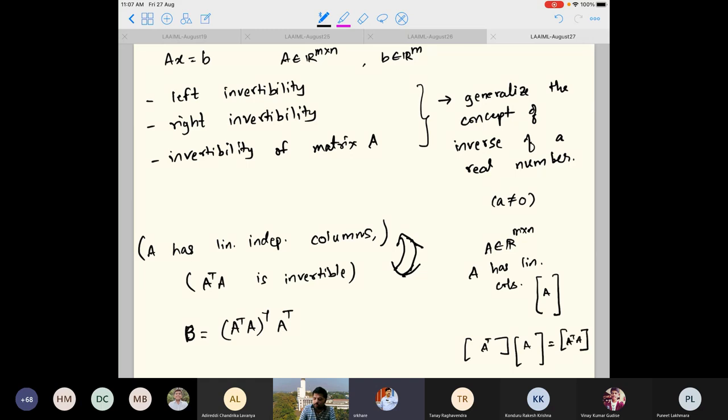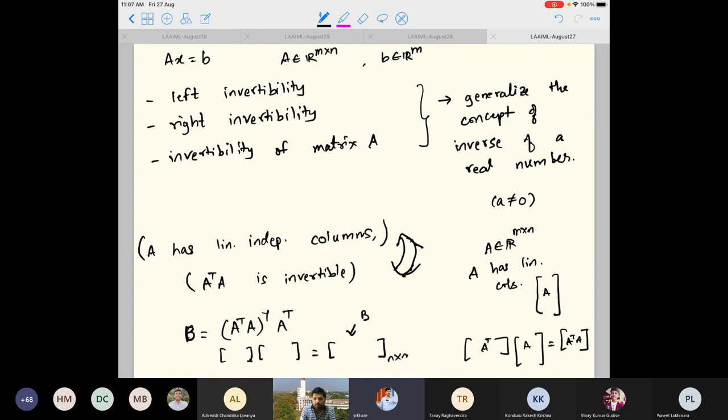So this is A transpose A. The inverse of A transpose A will also have the same size, and it gets multiplied on A transpose. What is the size of A transpose? It is a wide matrix, right? So this is how this matrix will look, and the product will look like this. So the matrix B has this shape.